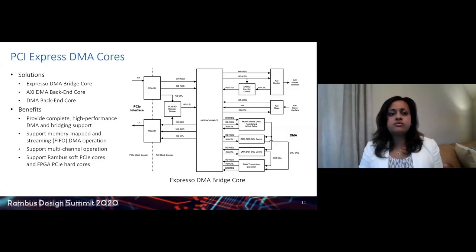As you can see on the screen, we provide 3 flavors of our DMA cores. Some of them are useful for our FPGA implementation and the others for our ASIC. The Expresso DMA Bridge core is the superior of all of the DMA cores that we offer. In addition to providing a very high bandwidth DMA, it also provides very high bandwidth AXI bridging support as well.